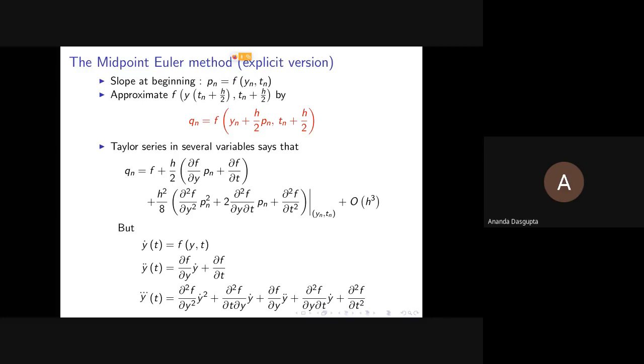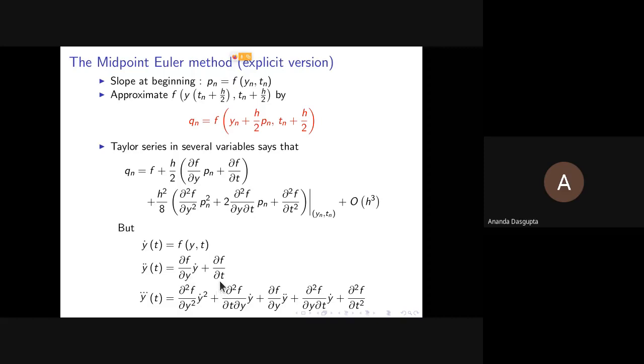Y at Tn plus h will be y at Tn plus h times y dot at Tn plus h square by 2 factorial y double dot at Tn and so on. But the differential equation tells me that y dot is f of y comma t. It also tells me y double dot is the derivative of this function with respect to t, and that of course is del f del y times dy dt plus del f del t times dt dt. Dt dt is of course 1, so you get that.